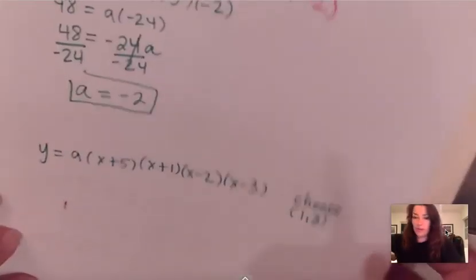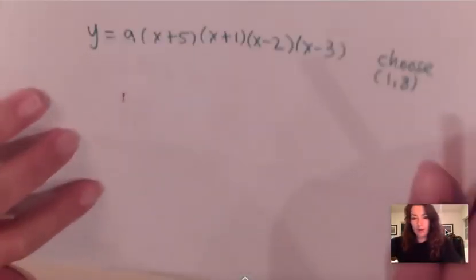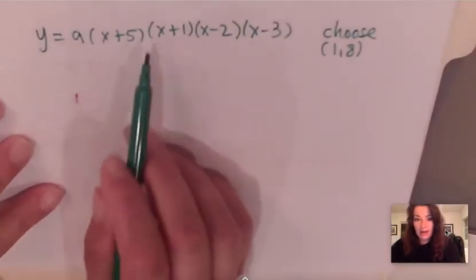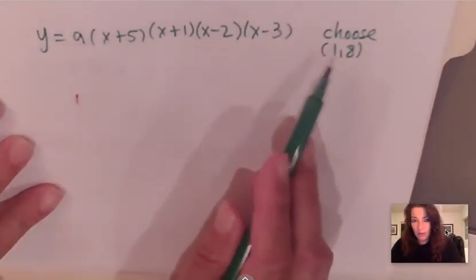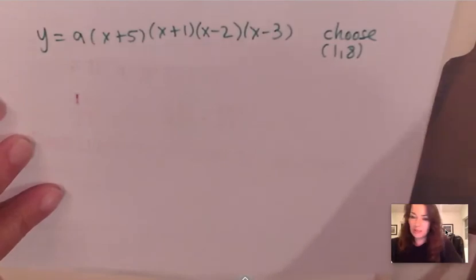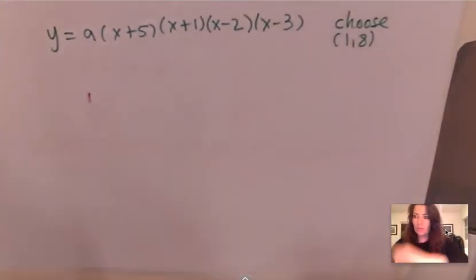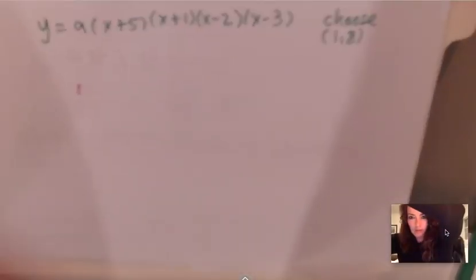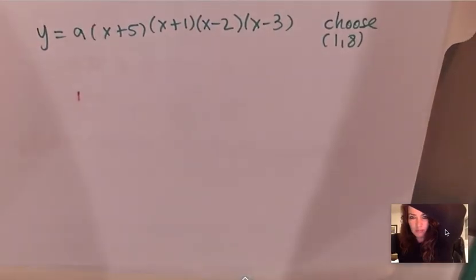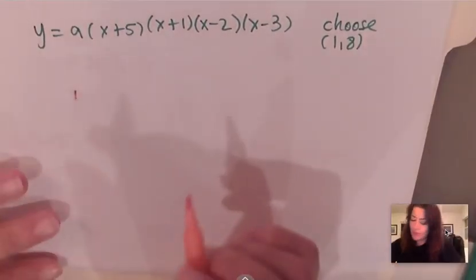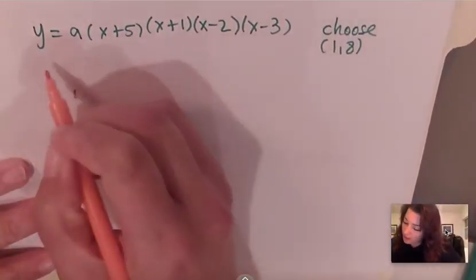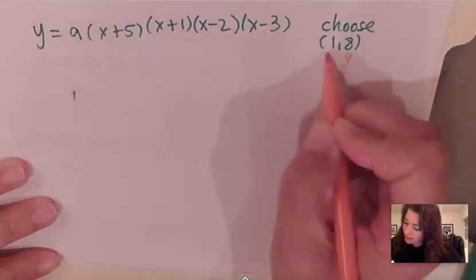All right, so here we go. We have our equation, and we are going to plug in the point 1, 8 because that's what was given to us. Okay, so my y is 8 and my x is 1.